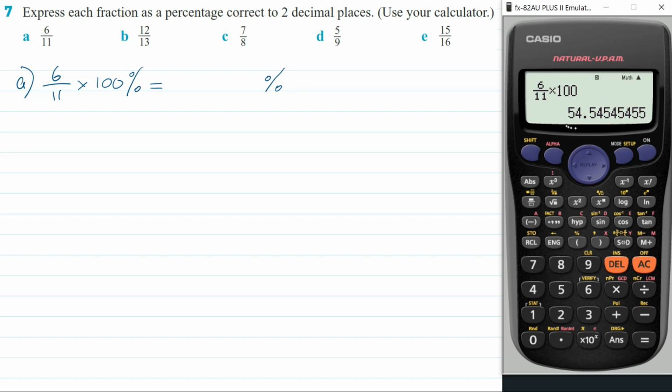It looks like the digits 5, 4 repeats itself again and again until it gets to the last set where it says 5, 5. Now what has happened is that the calculator has rounded the last digit because it can't display any more. In reality, this is what we call a recurring decimal, and the digits 5, 4 actually repeats infinitely. So we're going to just write down 5, 4 dot 5454.